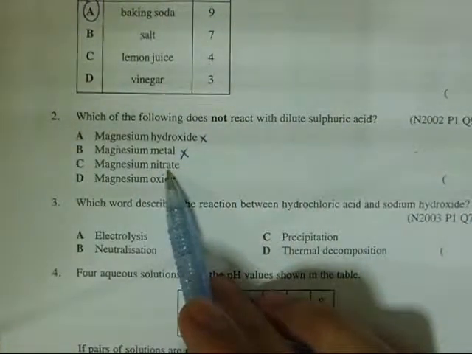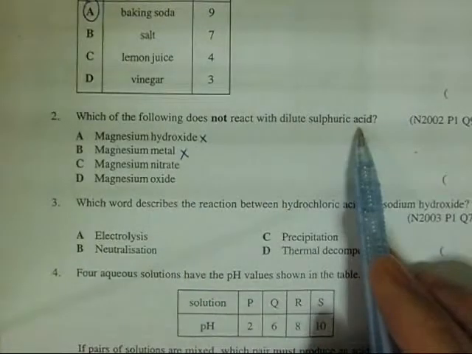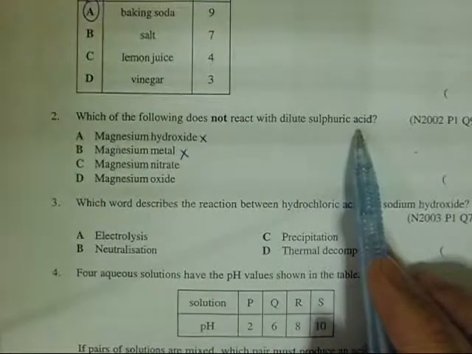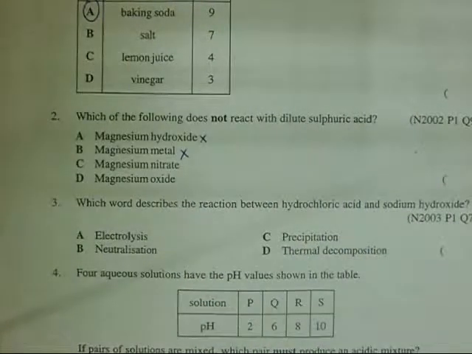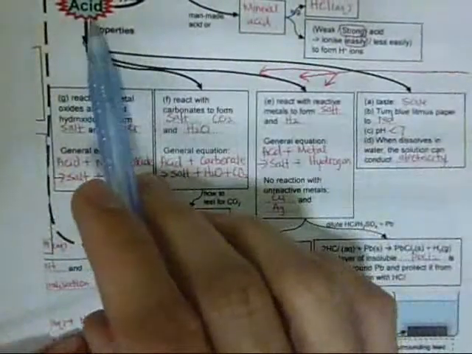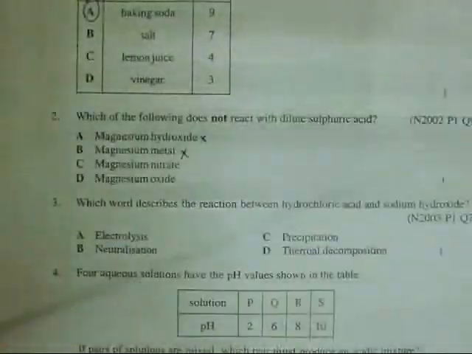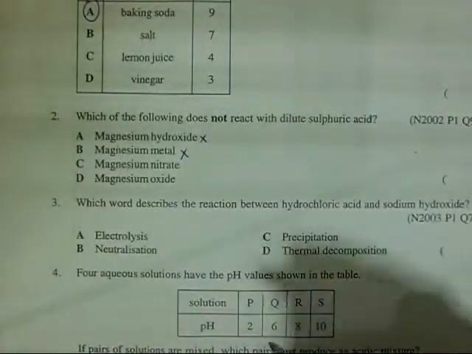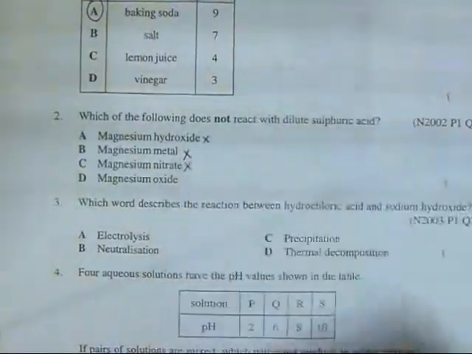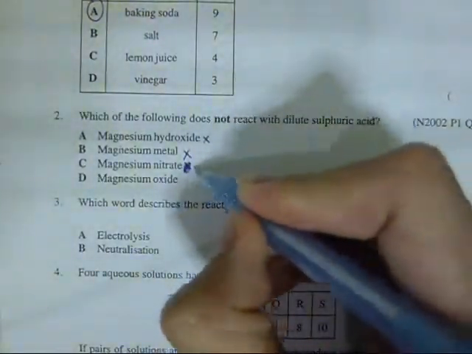How about magnesium nitrate with acid? Will there be any reaction? Again, if you recall from the mind map, there is no reaction between acid and a nitrate. Therefore, acid and magnesium nitrate, in this case, there is no reaction.